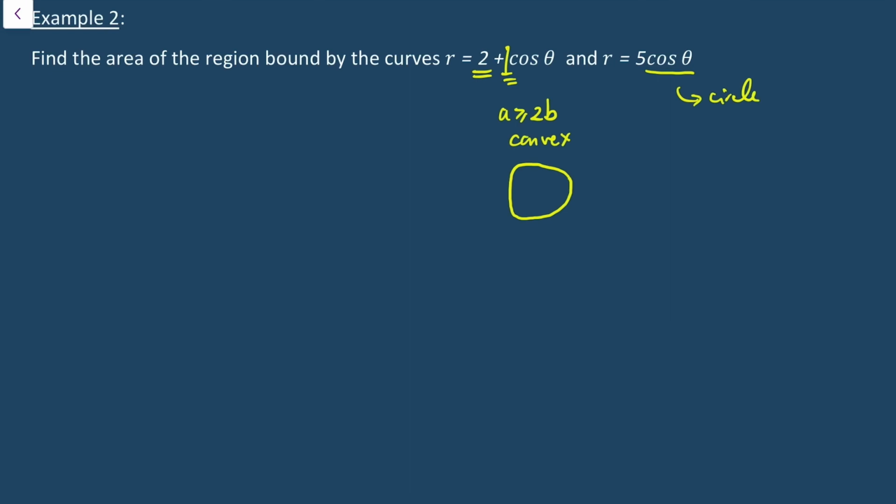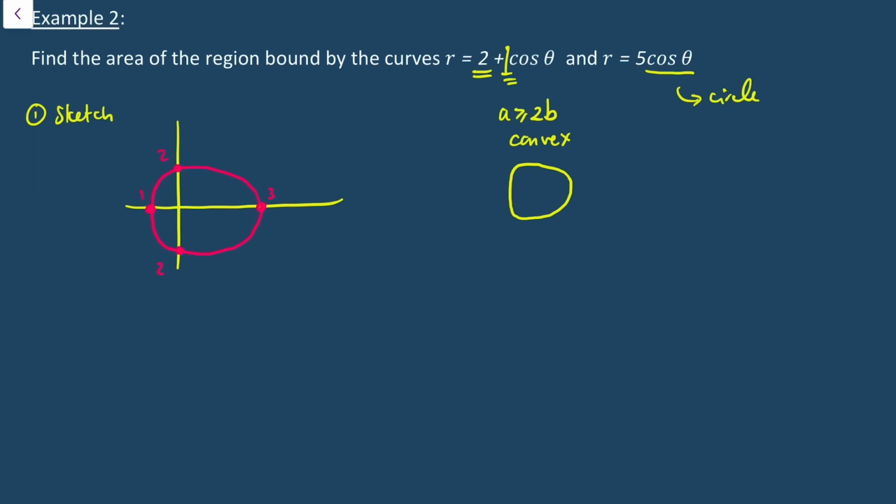Okay, so let's sketch that. Step 1, sketch what this looks like. So I'll sketch 2 plus cos theta first. It's going to look like this. Remember, this is a plus b, so that's 3. And this is the magnitude of a minus b, which is 1. And this is always a there and there.